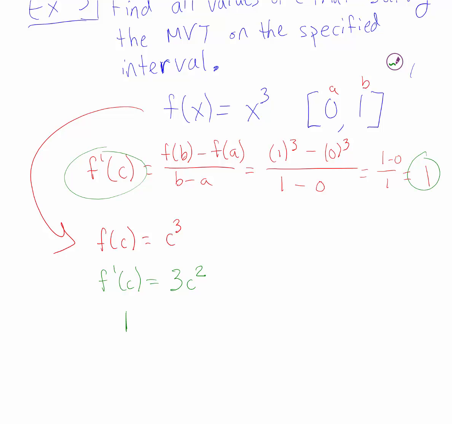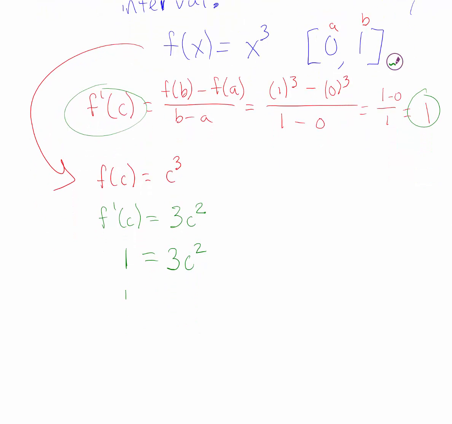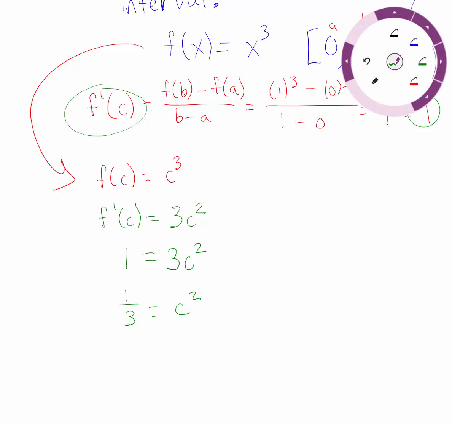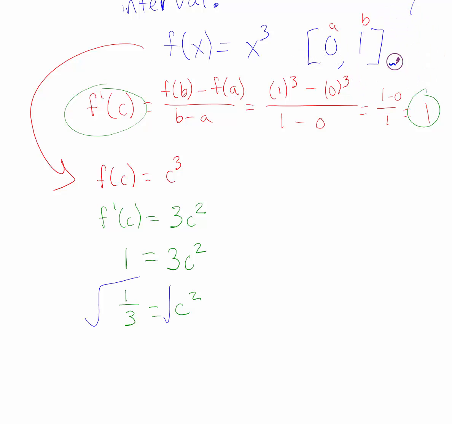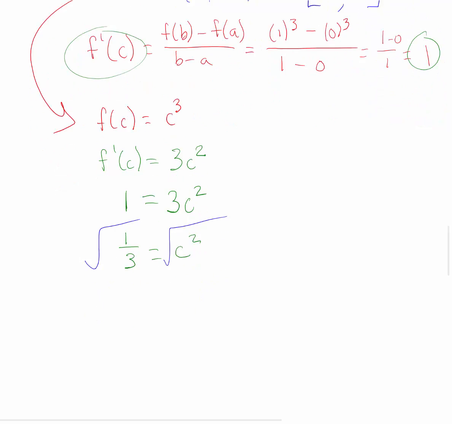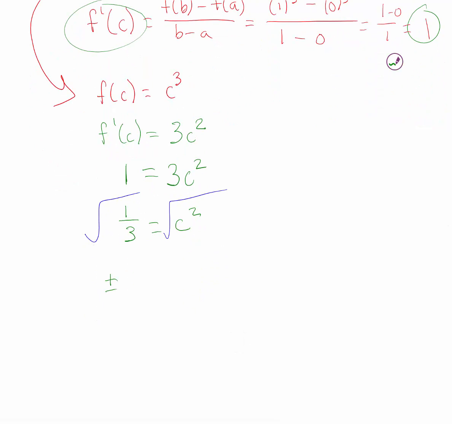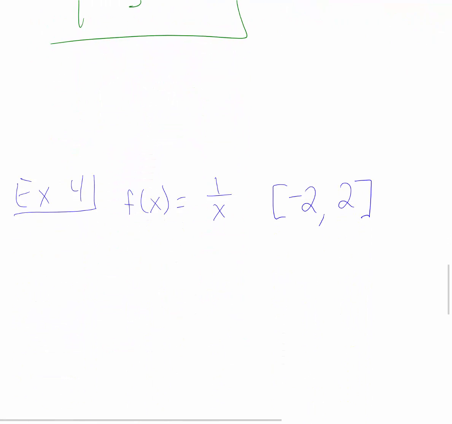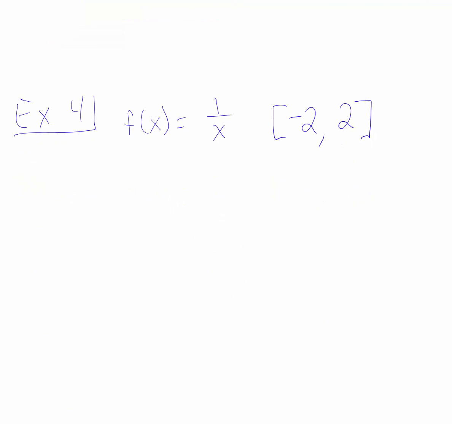So we would say 1 equals 3C squared, divide by 3, 1/3 equals C squared. Take the square root of both sides, and we get plus or minus the square root of 1/3 is equal to C. And that's our answer. Alright, second one, f of x equals 1 over x.